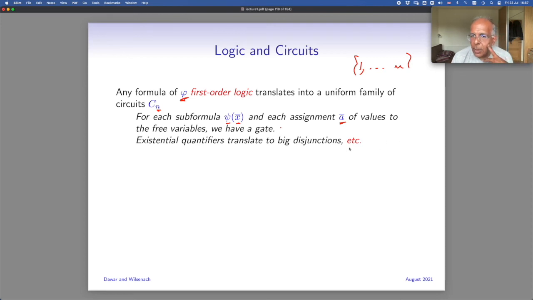Existential quantifiers translate to big disjunctions, etc. What does this mean? If you have a formula, there exists x, let's call this theta.